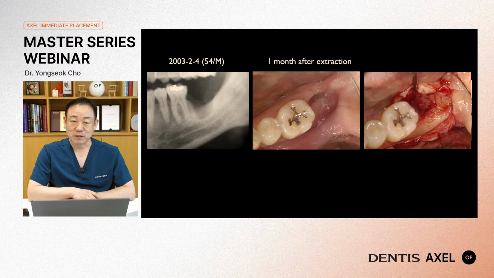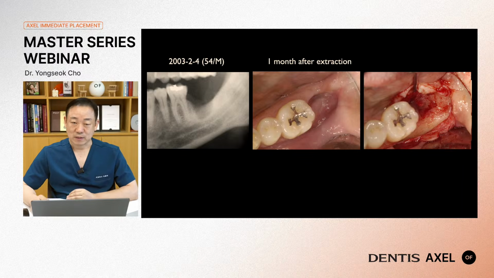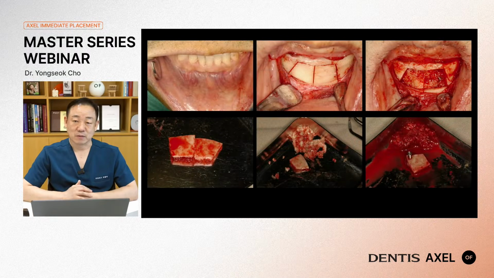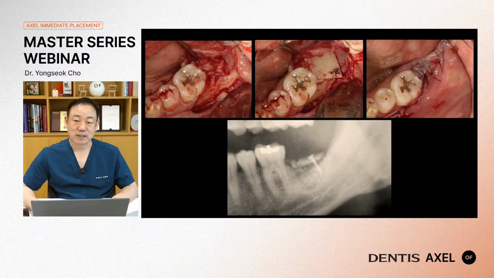Then I found a big defect at the number 7 site. So for grafting, I couldn't place the implant immediately, so I decided to do GBR first. At that time, I even harvested block bone from the mandibular symphysis area, and GBR was done.